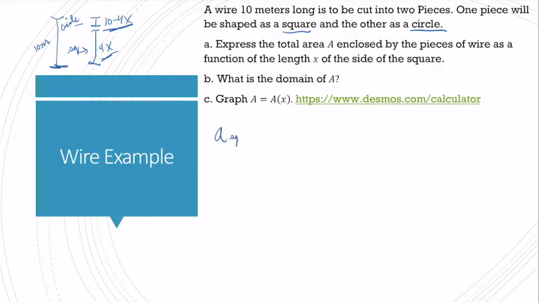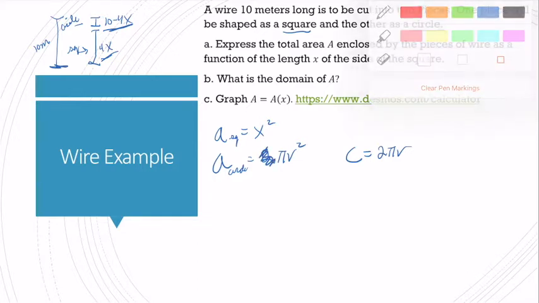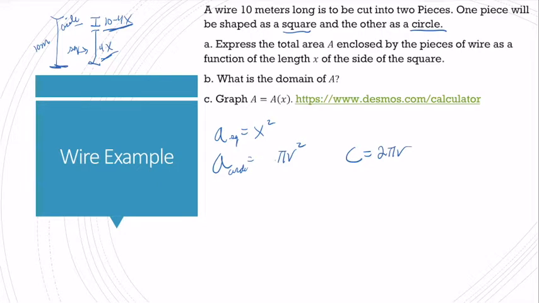Let's talk about what I know. The area of a square is x squared, and the area of a circle is 2 pi r squared. I also know that the circumference of a circle is 2 pi r. Now, this isn't 2, sorry, this is just pi r squared. The circumference of a circle is 2 pi r.